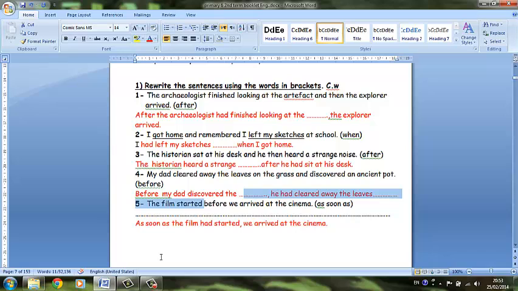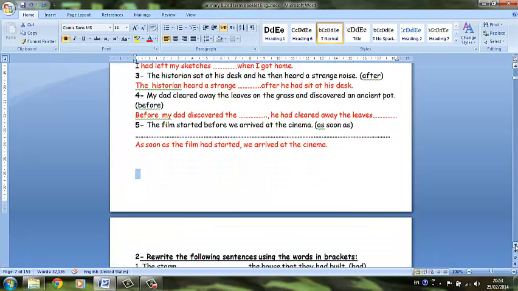So do you think the film started first or we arrived at the cinema first? Yes, very good. The film started first and then we arrived. So as soon as, what comes after it? Yes, the first action, which is the film started. So I'll say: as soon as the film had started, we arrived at the cinema.